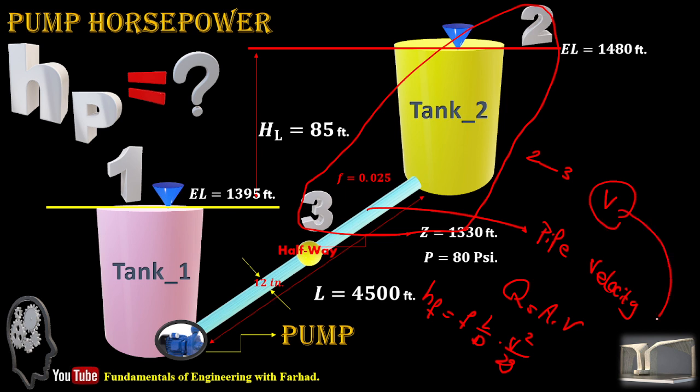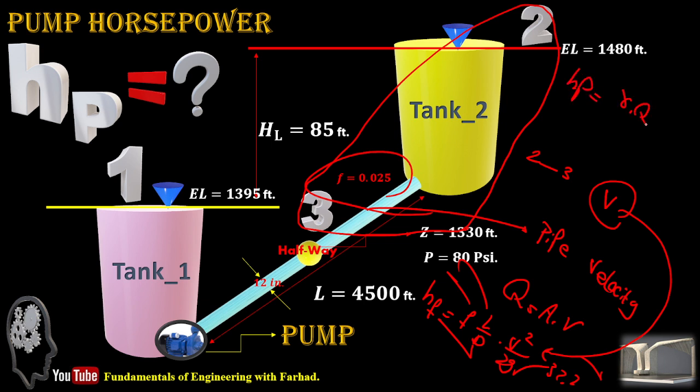When we have the velocity, we can easily calculate. F is known, L is known, D is known, and g is 32.2. And then if you replace in the formula of power, that's gamma Q total head over 550 times efficiency.